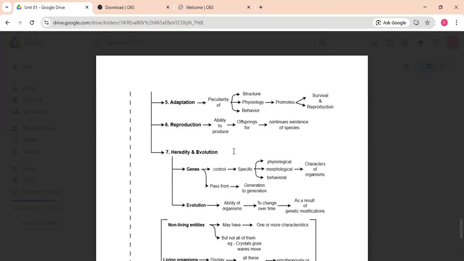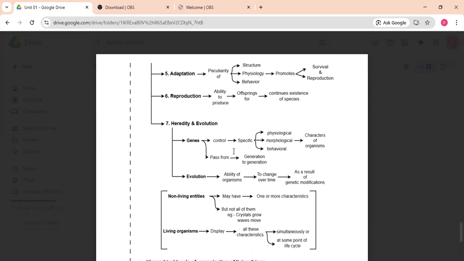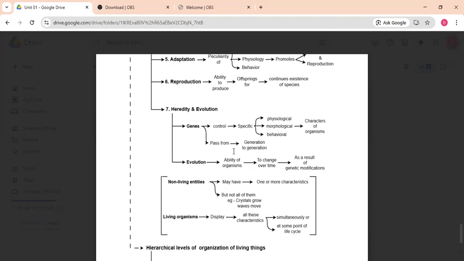Reproduction is the ability to produce offspring for the continuous existence of the species. Heredity and evolution: genes control specific physiological, morphological and behavioral characters of organisms and they are passed from generation to generation. Evolution is the ability of organisms to change over time as a result of genetic modification, right?